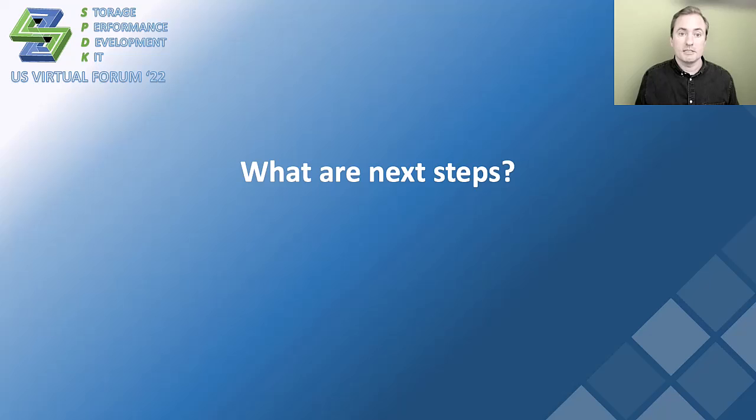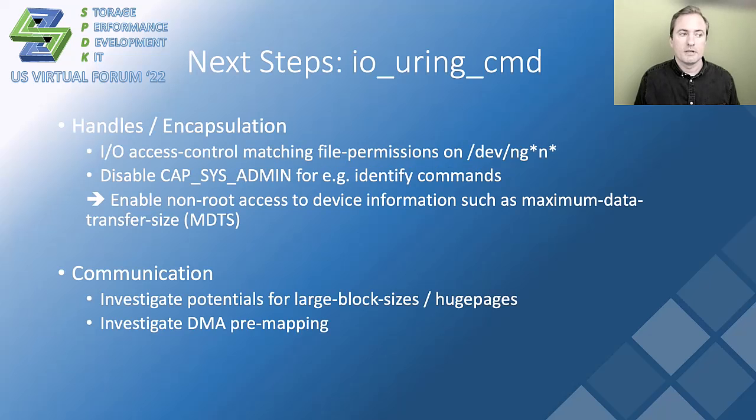So what are the next steps? Well, for IO uring command, we need to do some work on the device encapsulation, matching the IO access control on file permissions and making sure that we can send commands without having CAP_SYS_ADMIN.